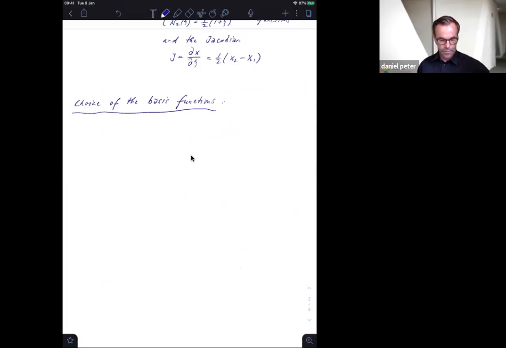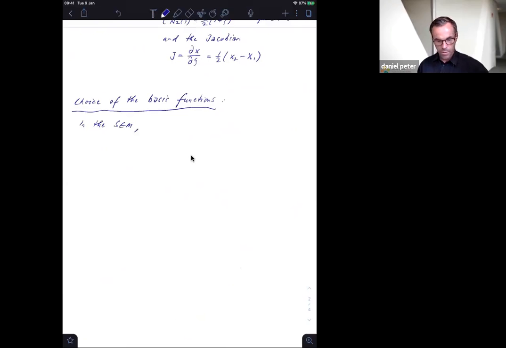So in the spectral element method, the functions are expanded on higher order Lagrange polynomials.